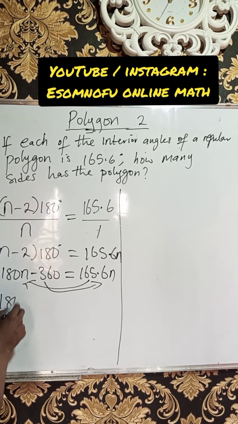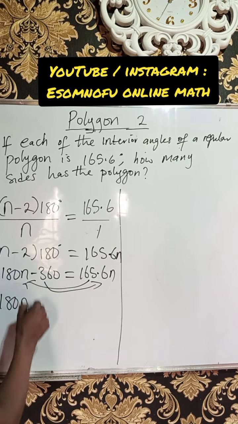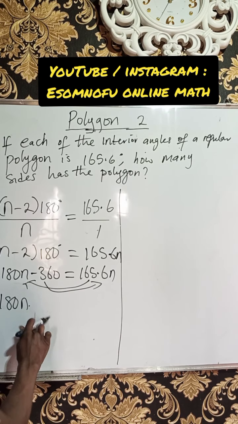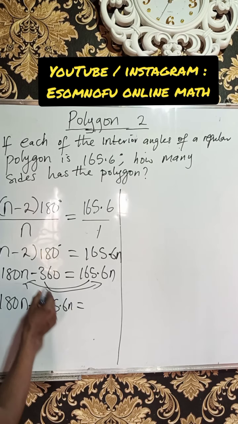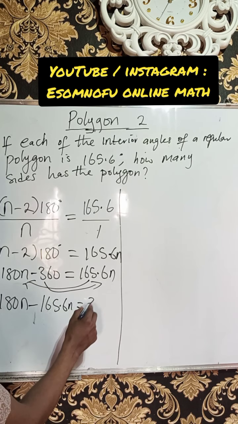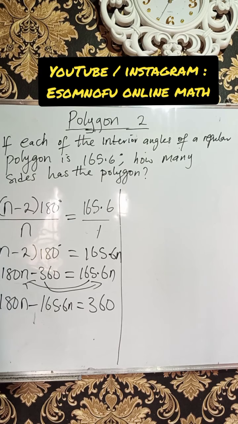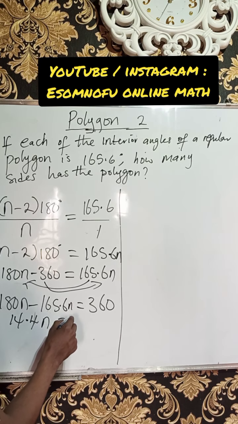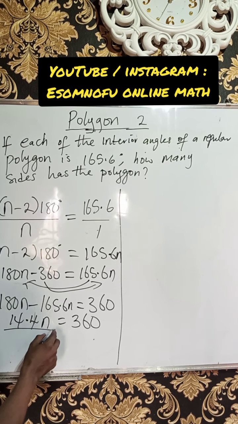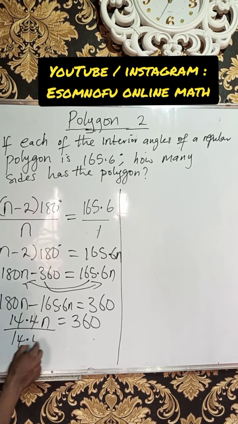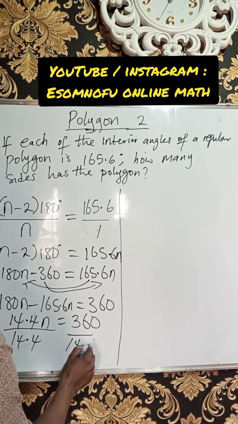This will now give us 180n, this coming over becomes minus 165.6n, equals minus 360 crossing over will give us plus 360. When I subtract this from this, it will give me 14.4n equals 360 degrees. So for me to get the value of n, I'll divide by 14.4.